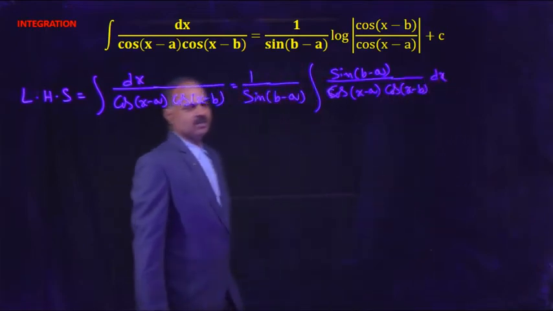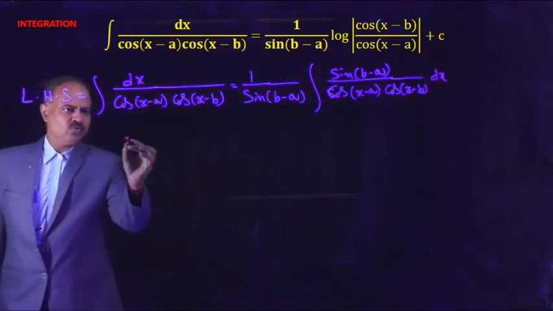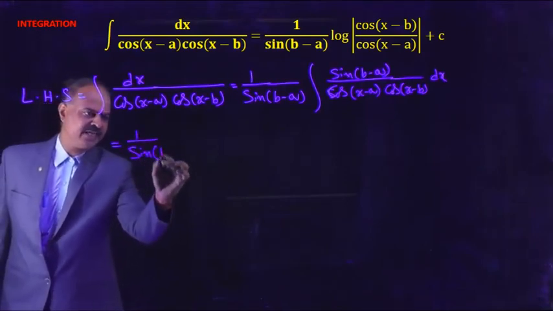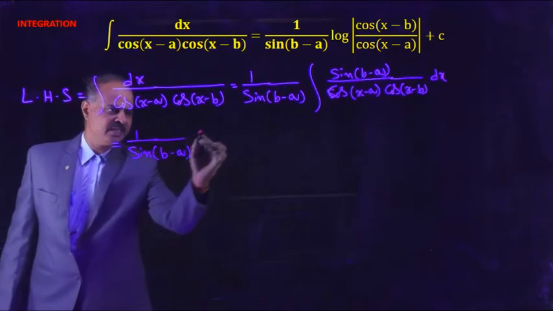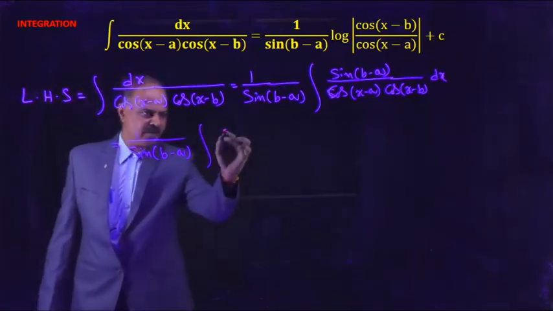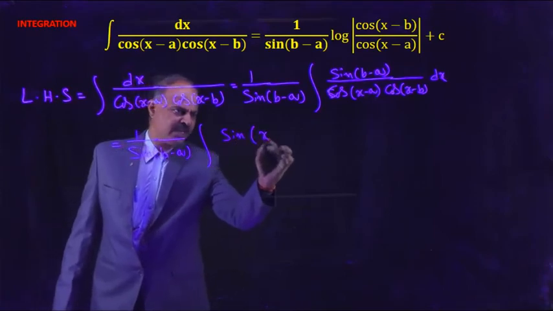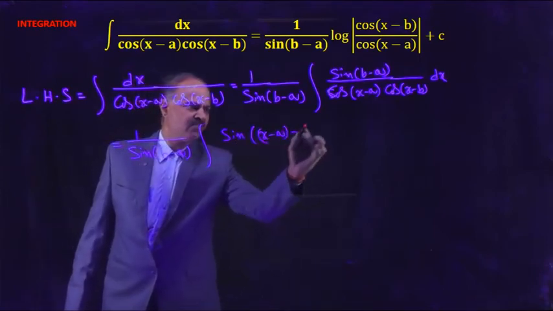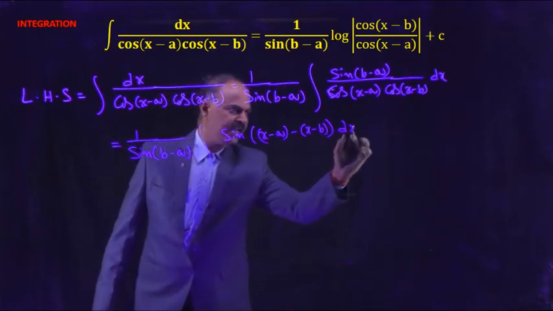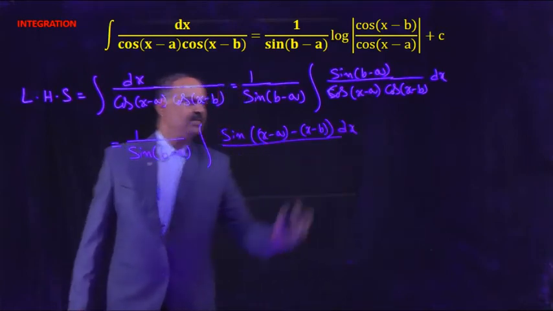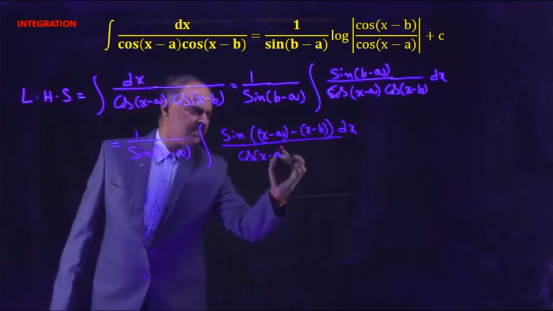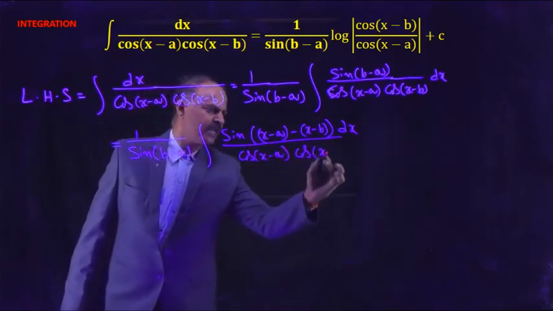Now this is equal to 1 by sin(b minus a) into integral sin(b minus a), which can be written as sin of (x minus a) minus (x minus b), dx divided by cos(x minus a) into cos(x minus b).